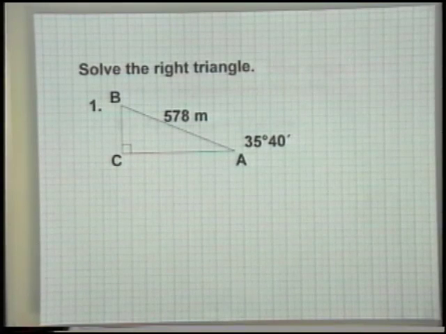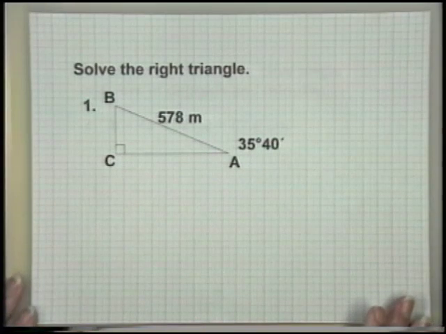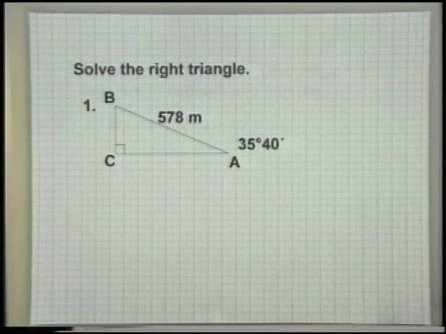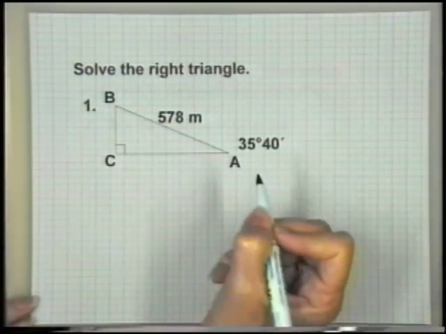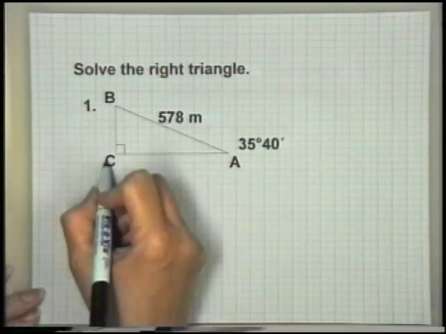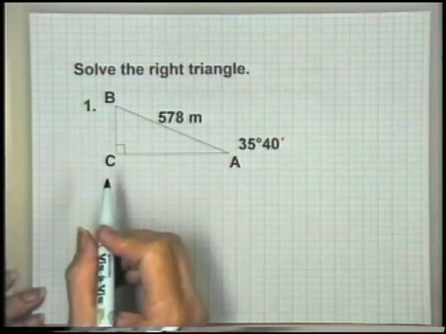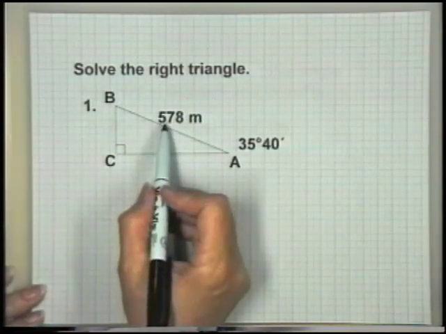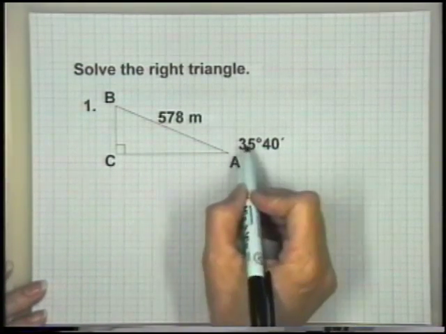All right, well, let's look at a problem. Now, notoriously with these problems, you have some problems where the sketch is drawn for you, and you can see, as usual, we're labeling the angles with capital letters, and the right angle is capital C. Now, in this case, the 578 meters represents the length of the hypotenuse.